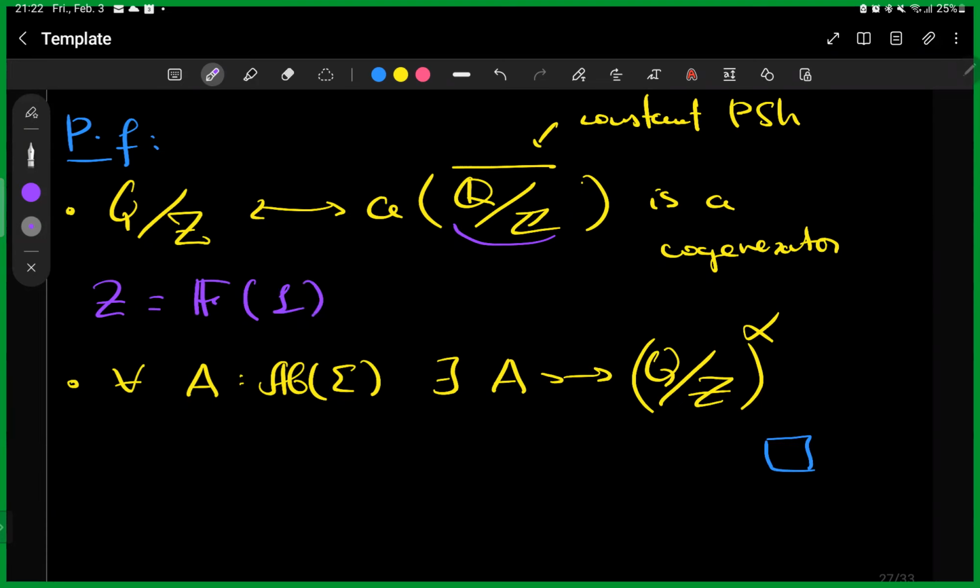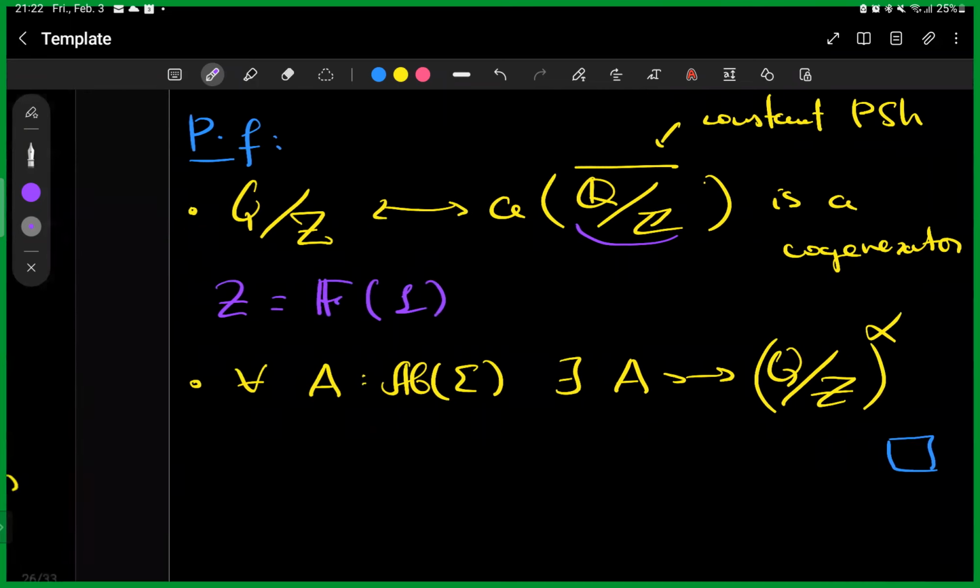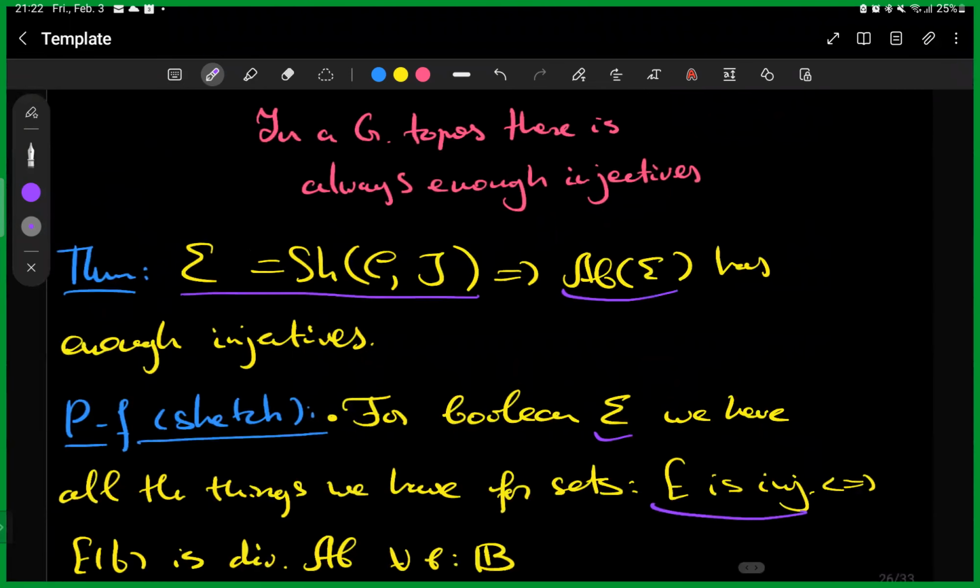Sorry. Yeah. This is proof of what? This is proof of the fact that we have enough injectives in the case. We continue the proof. Okay. Yeah. So we established this characterization.